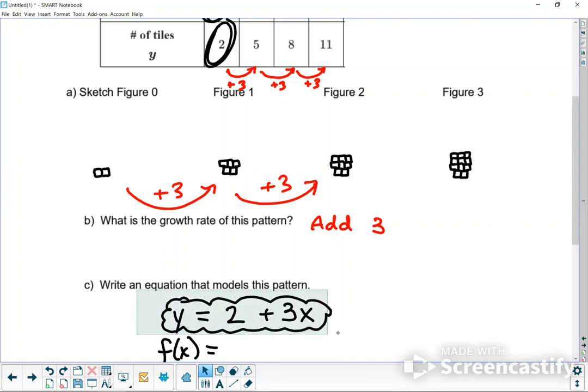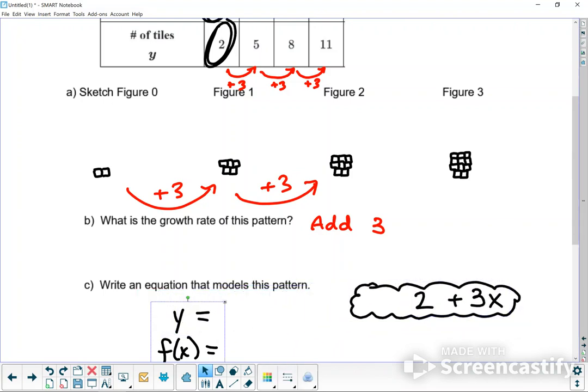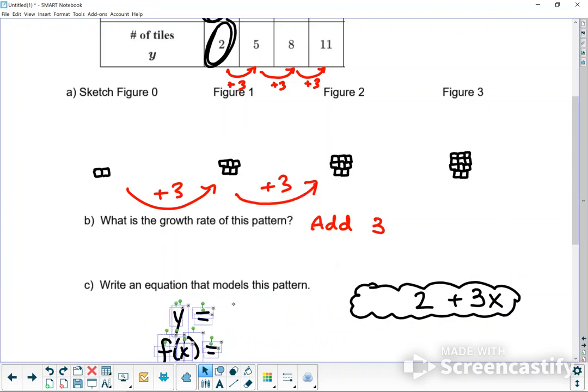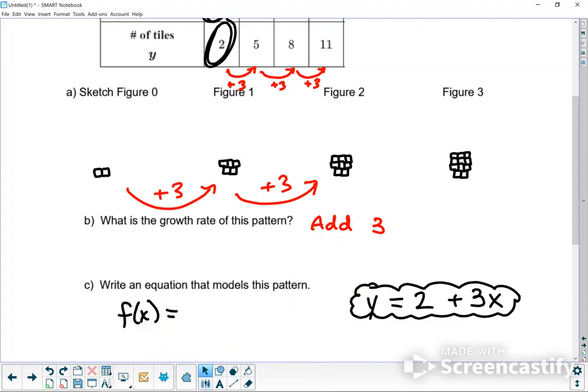But if you want, you can write it in function notation. You can write it as f of x equals, and then I'm going to put it in a more preferable order. So I'm going to put the 3x in the front. You might have learned that back in middle school. So 3x, and that's a positive 3x.